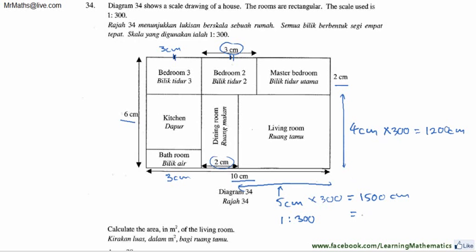But the question requires us to answer the area in meter square, so we need to convert it to meter. How do we convert it to meter? We need to divide by 100. So 1500 divided by 100 is 15 meter, and 1200 divided by 100 is 12 meter. So the area of the living room is 15 times 12.